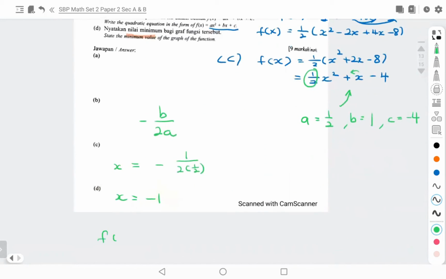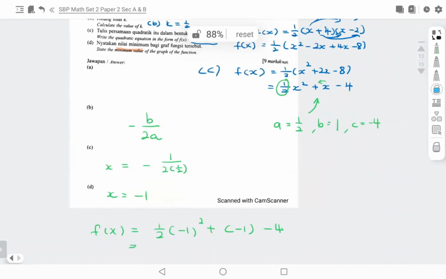So fx equal to 1 over 2 times (-1) squared plus -1 minus 4. Okay, try. So what's the answer you get?